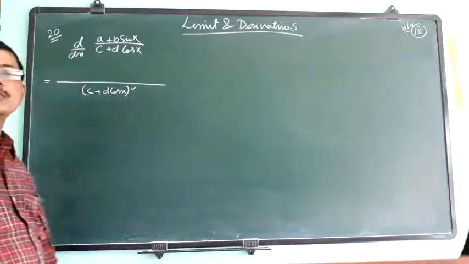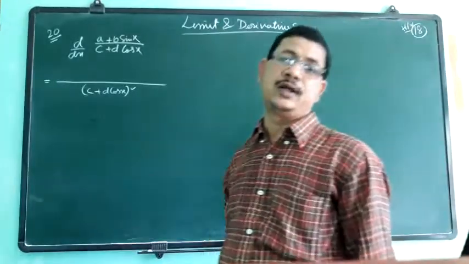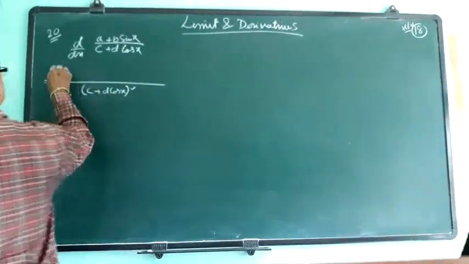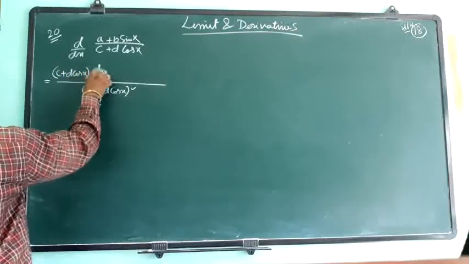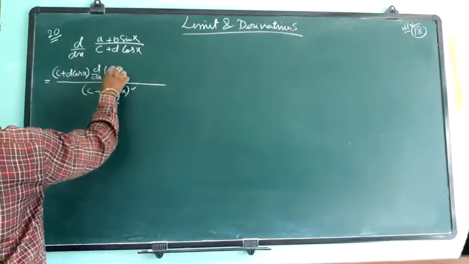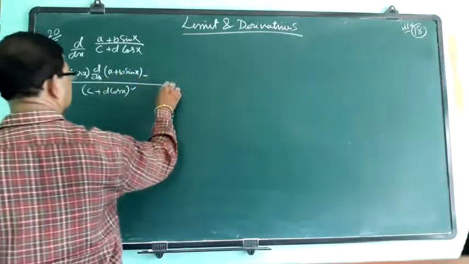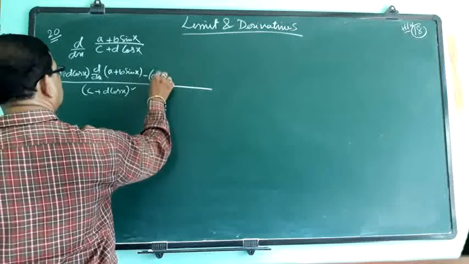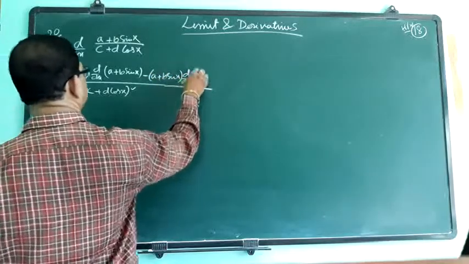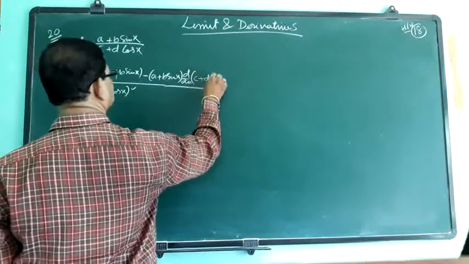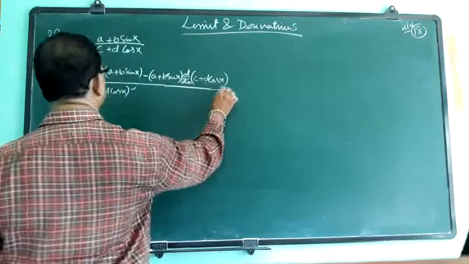You remember at that time also we said if it is u by v, then we take v squared in the denominator. Then we say v, then differentiation of u, minus u, plus differentiation of v.